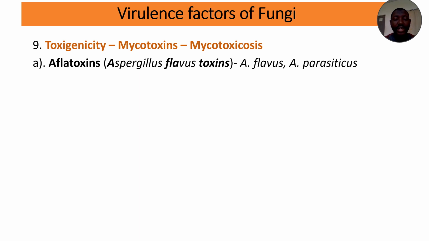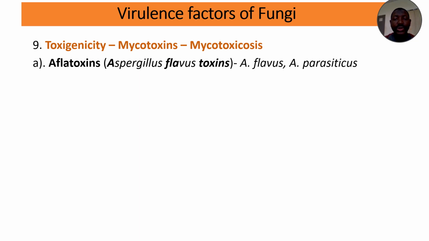Aflatoxins are fungal toxins that were originally isolated from Aspergillus flavus, but later it was found to be produced by several species from the genus Aspergillus. That is why the toxin is named after the fungus, Aspergillus flavus toxin. The most common members that produce these toxins are Aspergillus parasiticus and Aspergillus flavus.